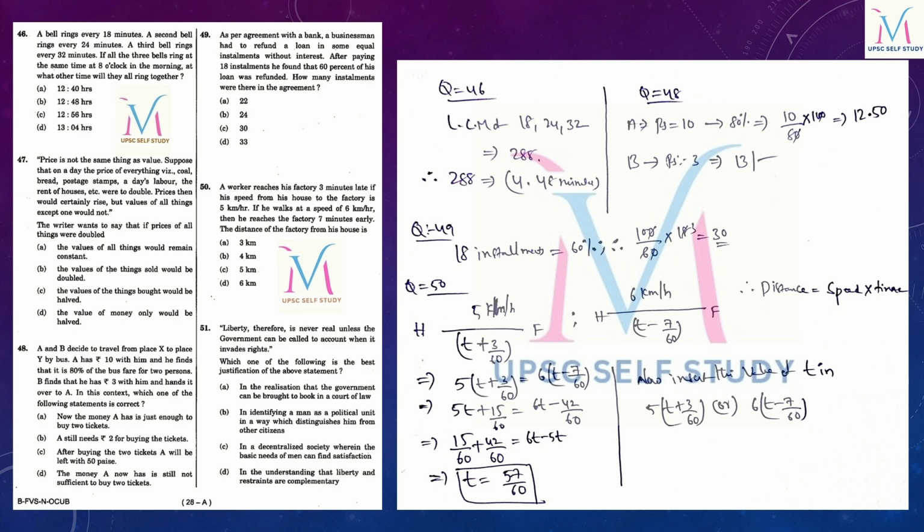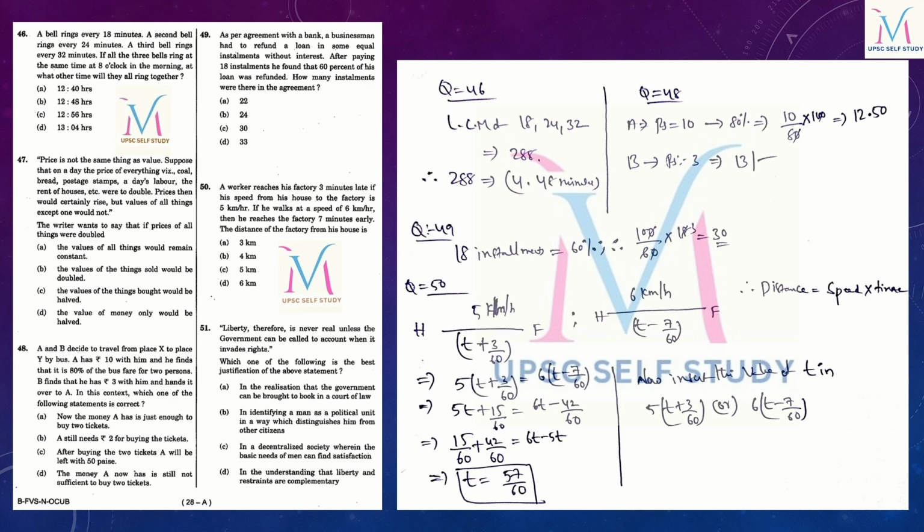A worker reaches his factory 3 minutes late if his speed from his house to the factory is 5 kilometers per hour. He walks at the speed of 6 kilometers per hour, then he reaches the factory 7 minutes early.